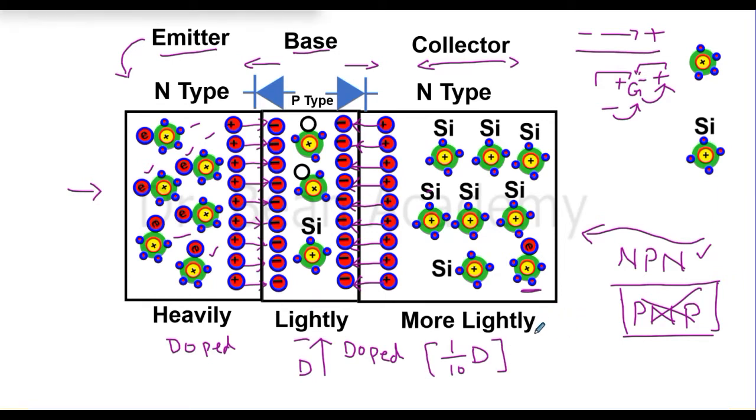So the collector is 10 times lighter than the base doping. This is the way it works.